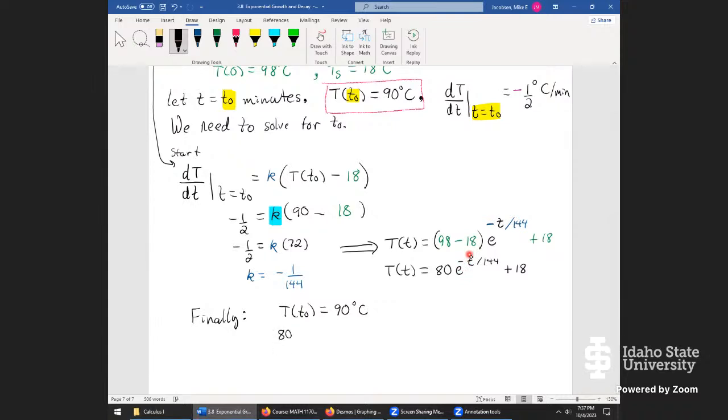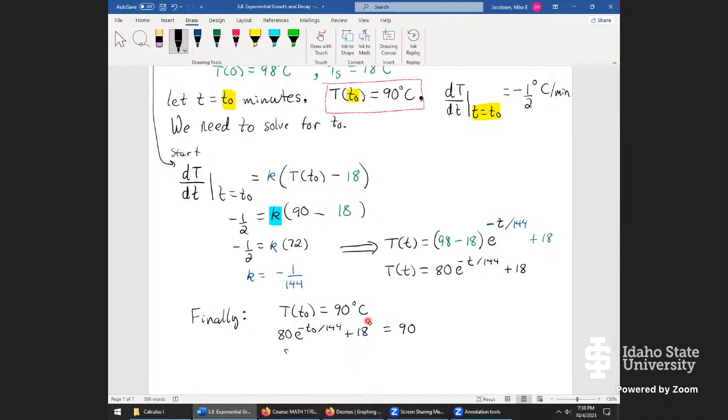It becomes 80 e to the power of -T naught, divided by 144, plus 18. I often forget the plus 18 because it's so unusual. It only happens in Newton's law of cooling. And it's set equal to 90 degrees Celsius. And we've done these kinds of equations before. This is like our 4th or 5th one on these notes, so it's not too bad.